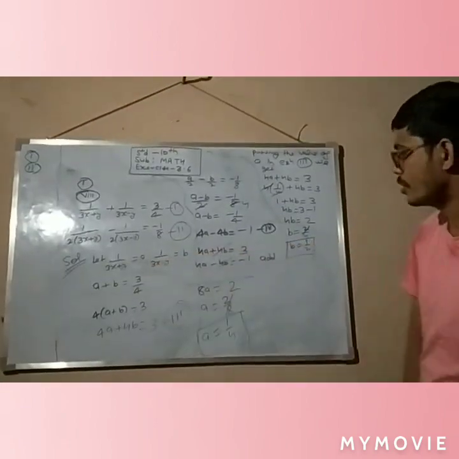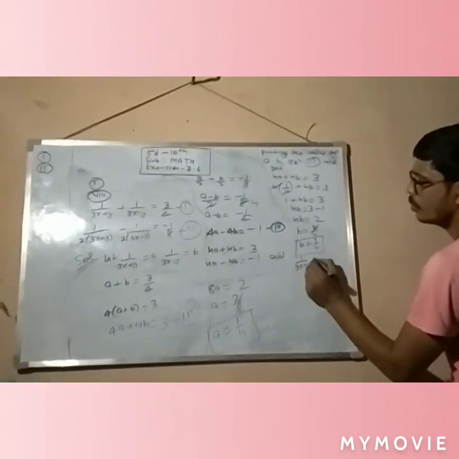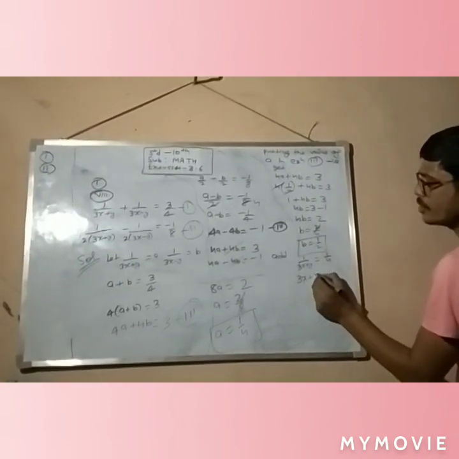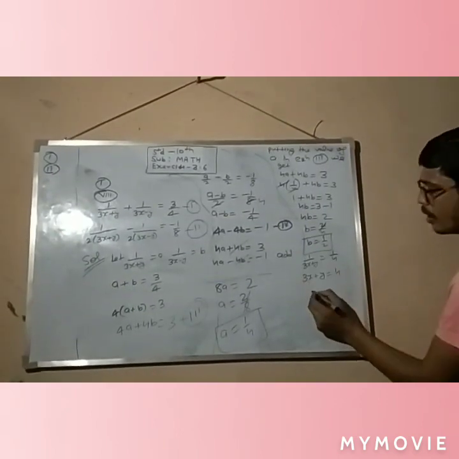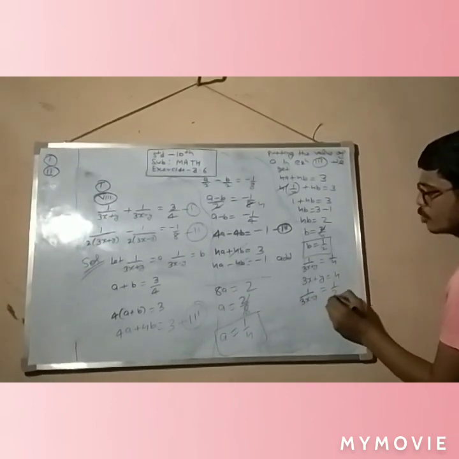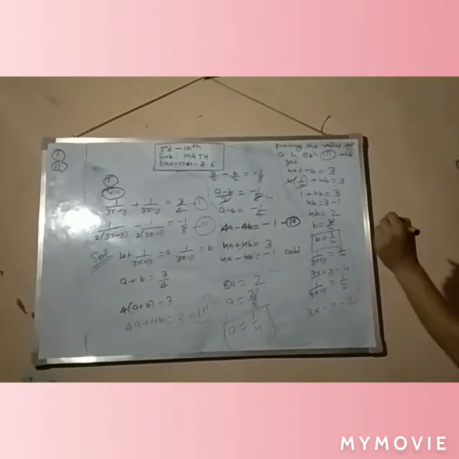Now put in this solution. 1 upon 3x + y is equal to a, value 1 by 4. Now 3x + y is equal to 4. Similarly, 1 upon 3x - y is equal to 1 by 2. Now 3x - y is equal to 2.